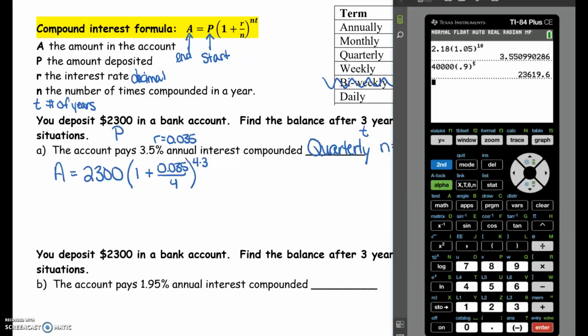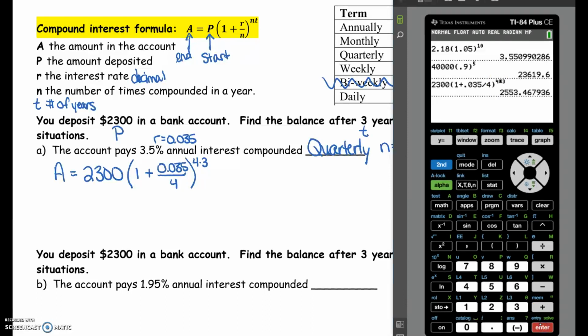You're going to plug this into your calculator basically exactly like that. 2,300, parentheses, 1 plus 0.035 divided by 4, close your parentheses, raised to the 4 times 3. Now, if you're using a scientific calculator, you may want to actually do that 4 times 3 in your head and put 12, or put raised to the parentheses 4 times 3, close your parentheses.